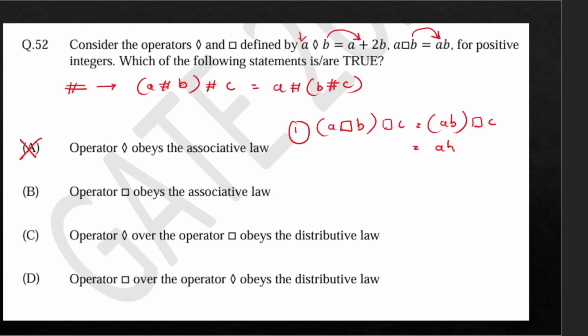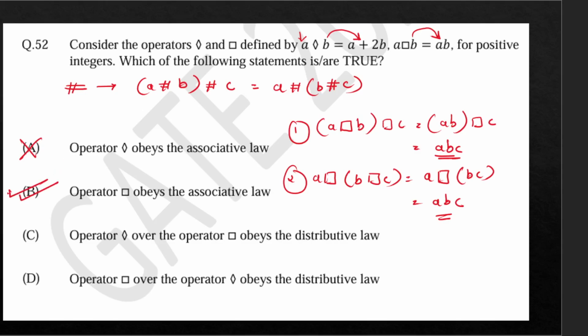This will be abc, correct? The second one will be a box (b box c), and this will also be abc. So the result of this and this is absolutely the same, that is why we can say that option B is the correct one.